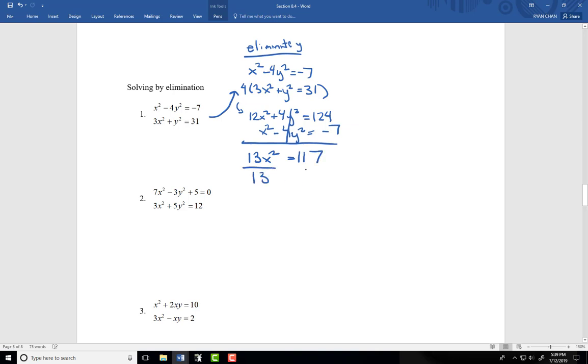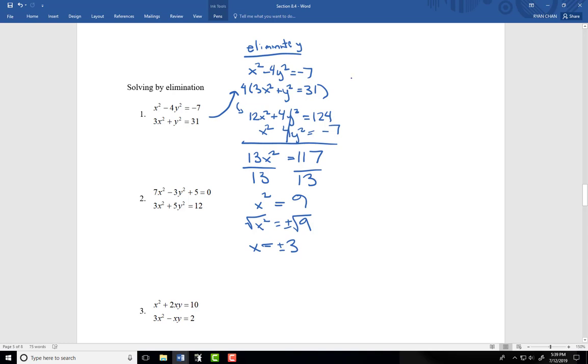Divide both sides by 13. That will be 9. Okay, and I'll take the square root. Be really careful when you take the square root. You're doing plus or minus. Okay. So let's talk about this here.